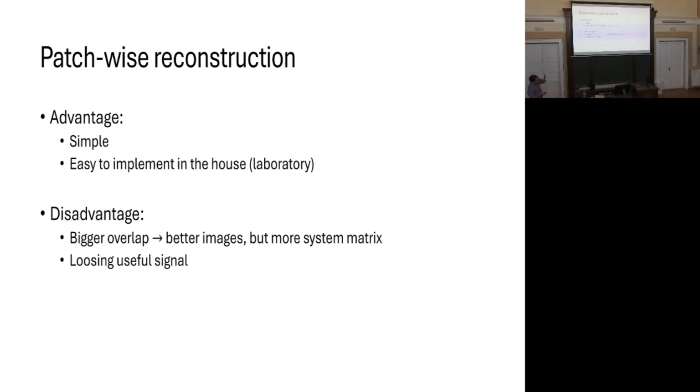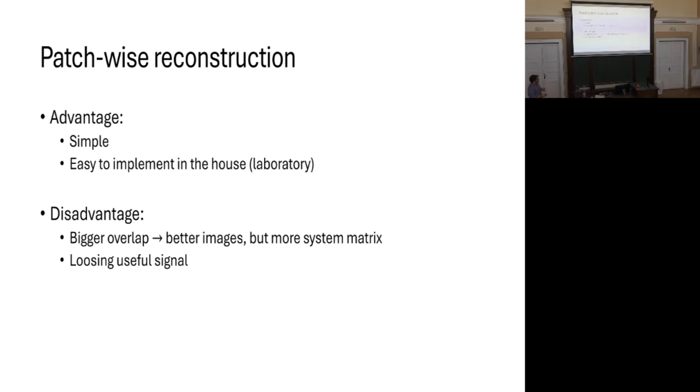It's easy to implement because it's just moving matrices with some overlapping area, and so you can do it in your laboratory. There is also some disadvantage. For better images, you will need a bigger overlap because then you will obtain fewer border artifacts and more useful signal.